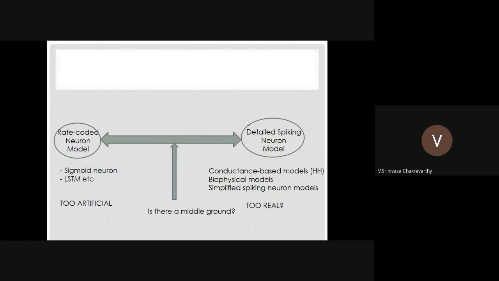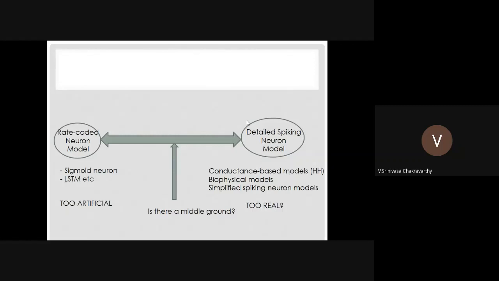Then you have to write the full voltage equation, C dV by dt equals all the channel currents. If there is a mutation in a particular ion channel, you have to find out how the channel current changes as a function of voltage, and then rewrite the equation. All this is very difficult. You have to go all the way from single molecule to the whole cell.